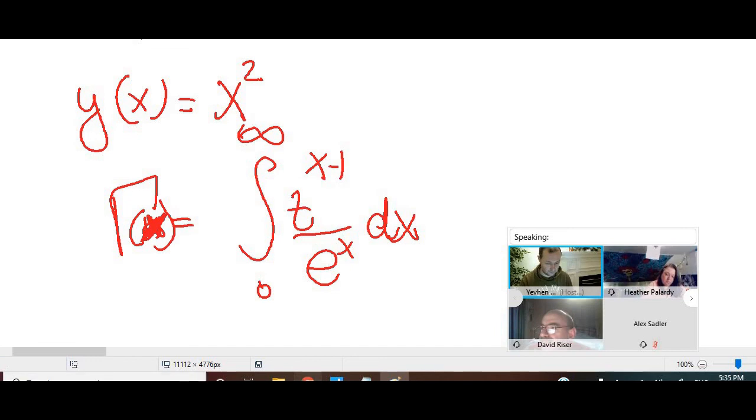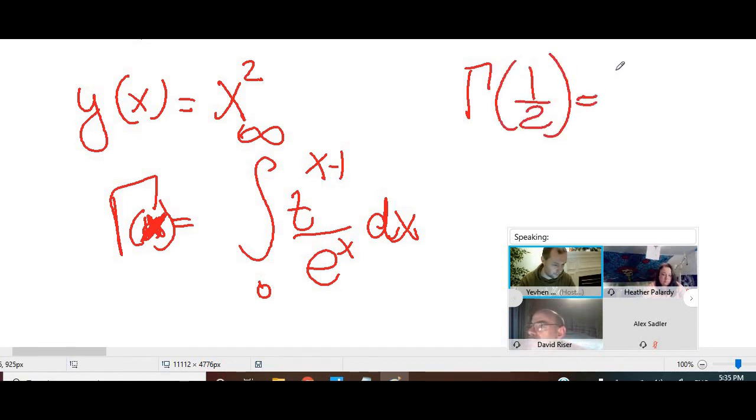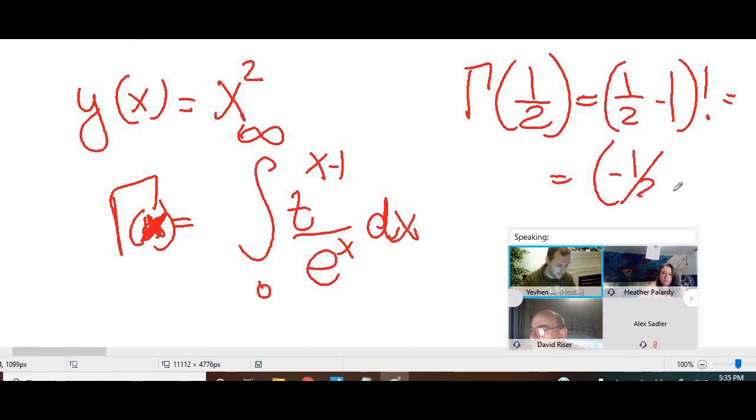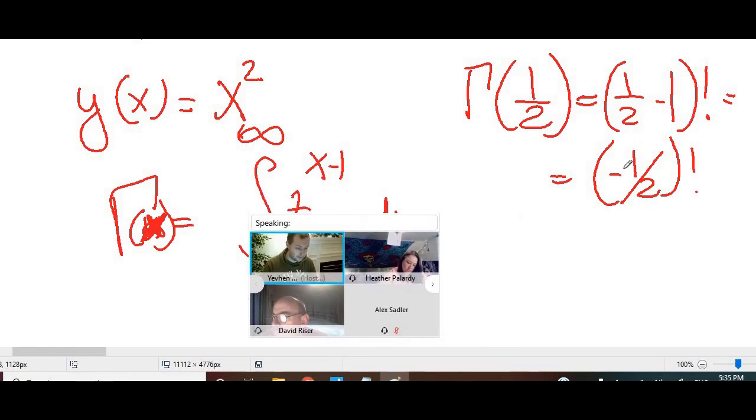As I was saying earlier, and this is where I had a pretty nasty typo in the last video, we could evaluate the classic example, gamma of a half. Using our factorial definition, that's 1/2 minus 1. A factorial of -1/2. How do you even start to approach that? Well, my dear friends, it's a relatively simple integral to calculate.